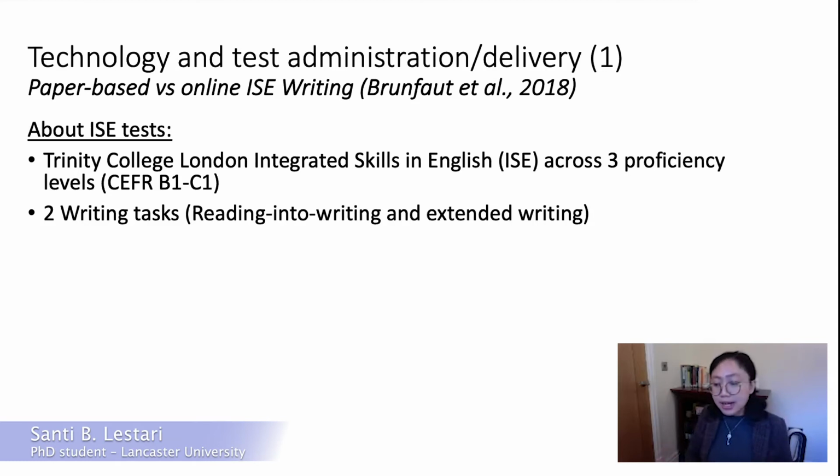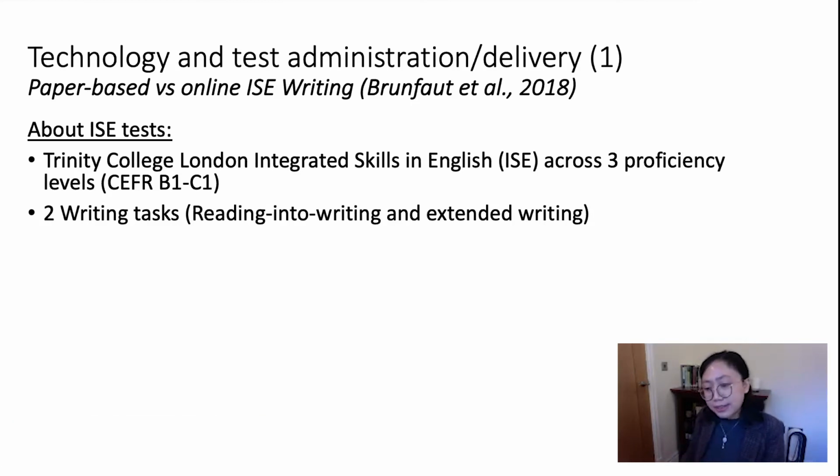And the second task is more common, the extended writing, like most writing tasks, where test takers are presented with a prompt and they have to write a piece of writing. So the test is currently only available in paper-based mode.